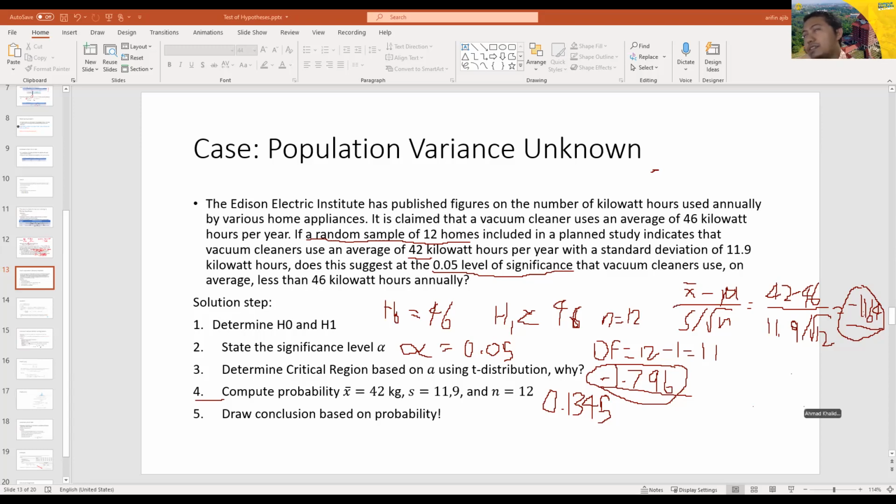Yes, your answer is right, but I want to make sure. Can you show me using graphical representations where we should accept? How do I draw it? I don't really know how to draw it, sir. Sorry.